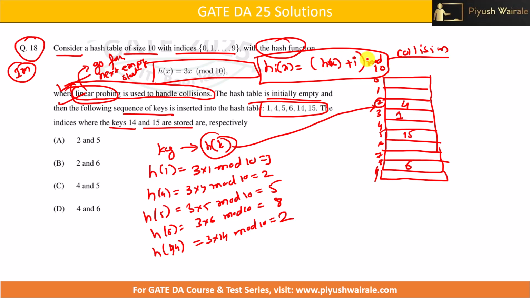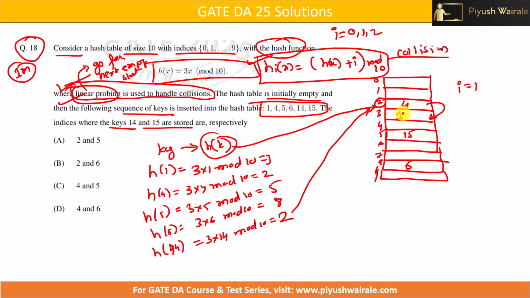Here, i is the number of collisions, starting from 0, 1, 2 like this. At the first collision, i equals 1. Using this formula, h of x is 2, 2 plus 1 is 3, 3 mod 10 is 3. If I go to the next index value 3, this is also occupied.